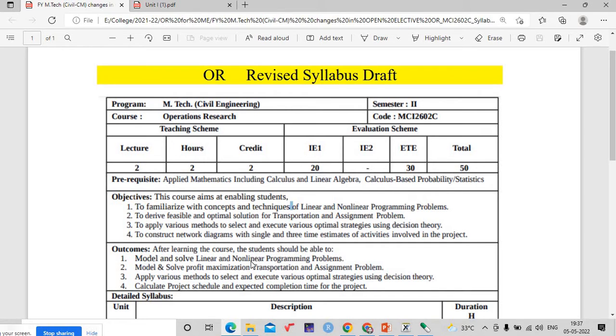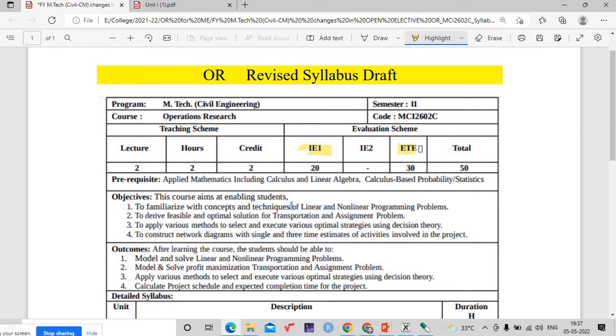And the evaluation scheme, which is very important for us, is divided into 2 parts. First is the IE1. Let me highlight it, and it will be for 20 marks. We may raise the scale of evaluation, means we may take the IE1 for 40 marks and then we can scale it down to 20 marks.